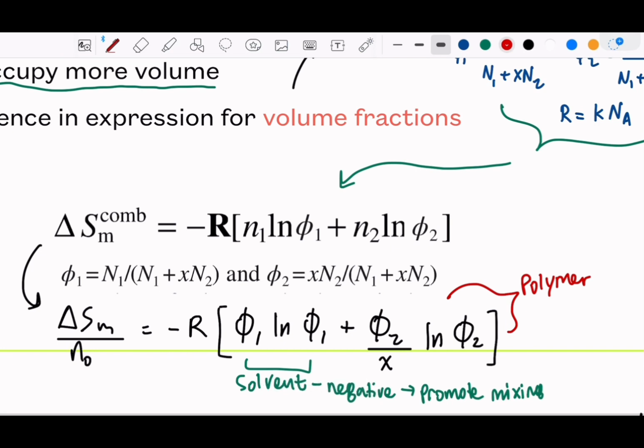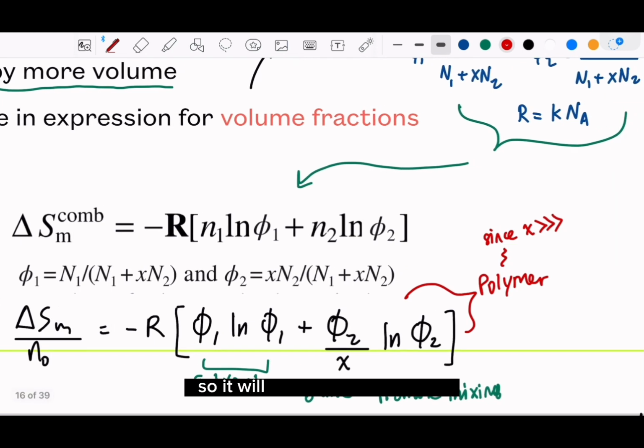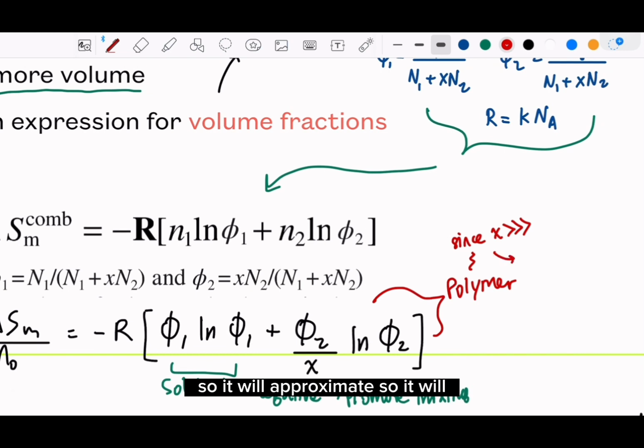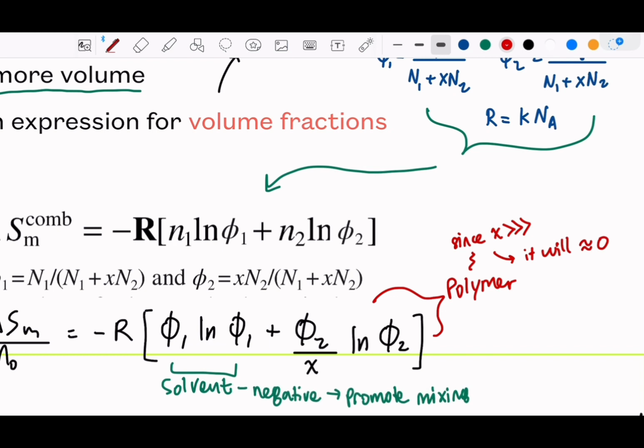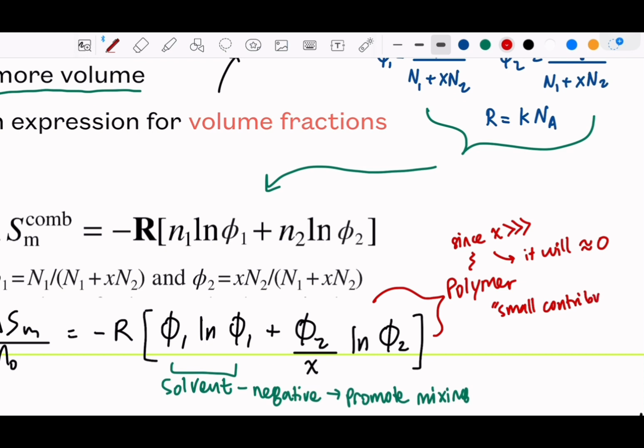And the polymer, since the x is big, a large molecule, will approximate 0. So the polymer has a small contribution, not really triggering the mixing.